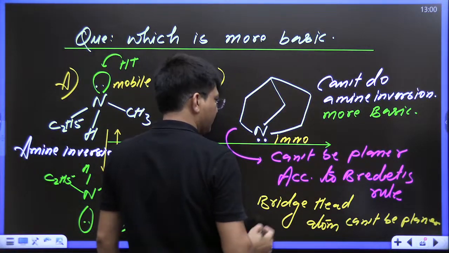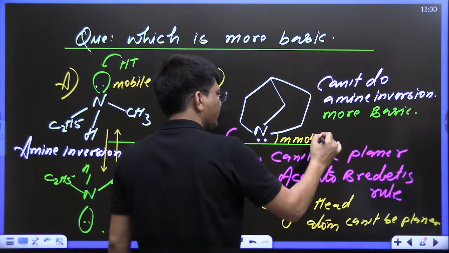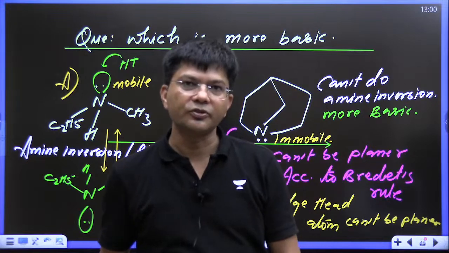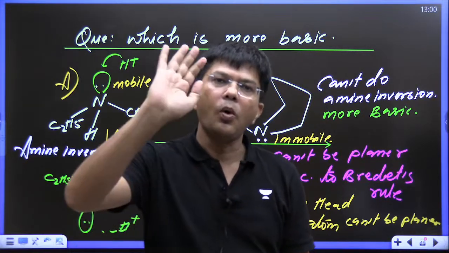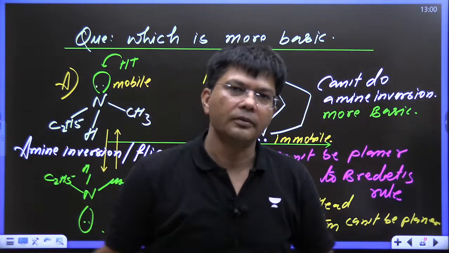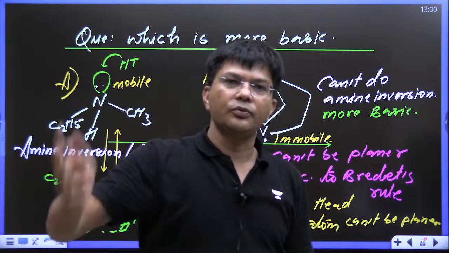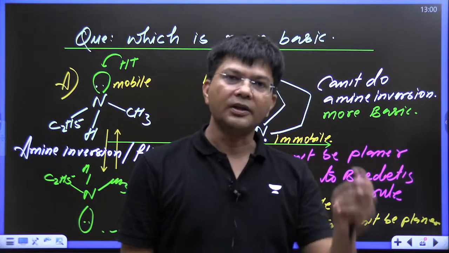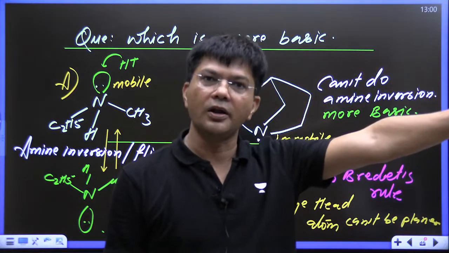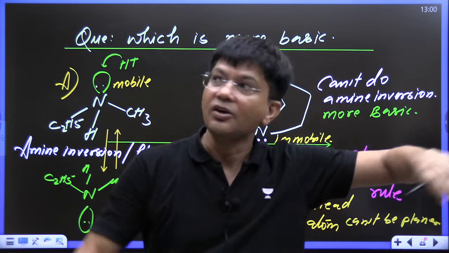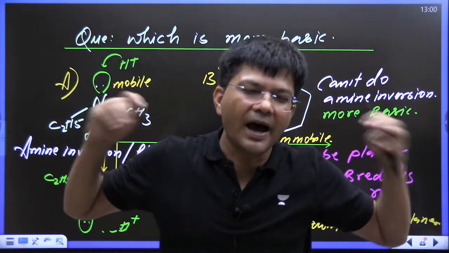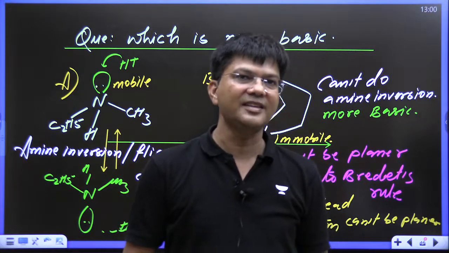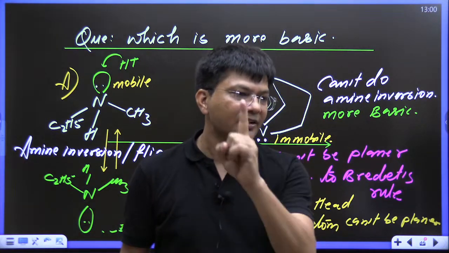Now you know very well that if you want to hit a mosquito, if in your room there is a mosquito, one mosquito is sitting on the wall and another mosquito is flying with very high speed. Which mosquito are you going to kill easily? Let me know. The one sitting on the wall, or the one flying with high speed? Definitely the sitting one.